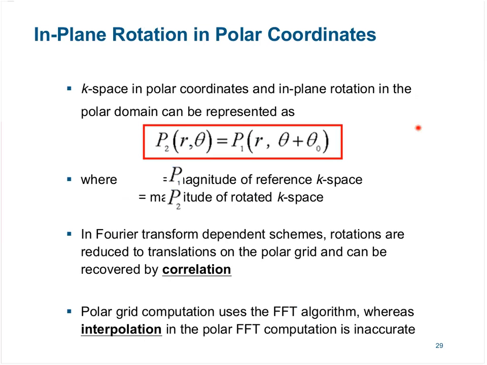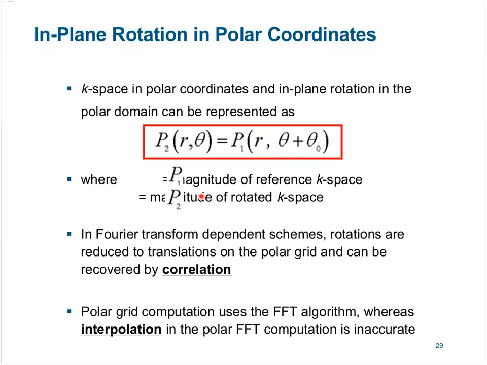As we have cast the whole problem in polar coordinates, k-space in polar coordinates, in-plane rotation in the polar domain can be represented as you can see in this equation: if a body is moved by an angle, then that angle will be added to the previous angle in a polar coordinate system.